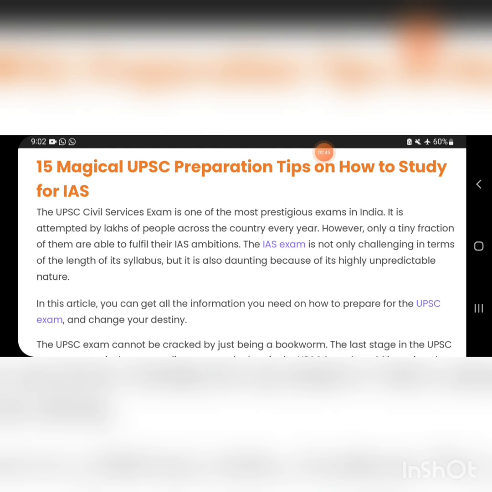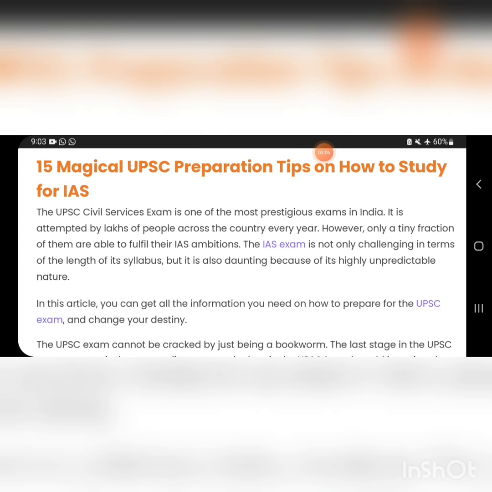Paper first tests the candidate's knowledge on current events, history of India and the Indian national movement, Indian and world geography, Indian polity and governance, economic and social development, environmental ecology, biodiversity and climate change, and general science.